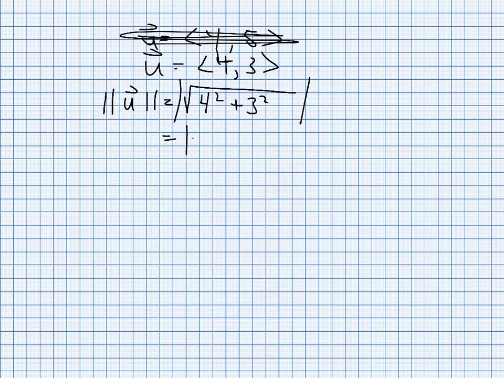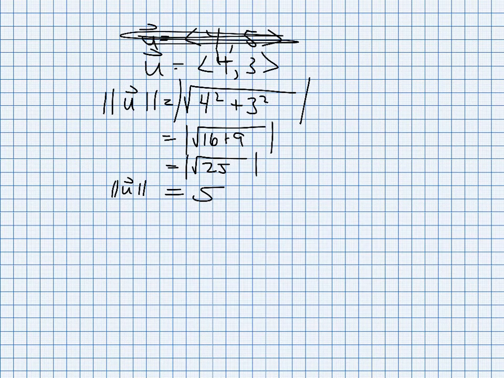Because the absolute value of 16 plus 9 equals the square root of 25 inside absolute value brackets. And that equals 5. So my magnitude of U equals 5.